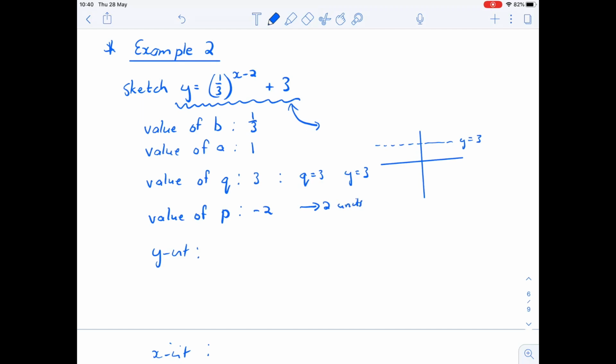But once again, we don't actually use that in the sketching. For my y-intercept, I make x 0, so it's going to be y equals a third to the power 0 minus 2, plus 3. And that's when I take out my Casio, so it's going to be a third to the power -2.